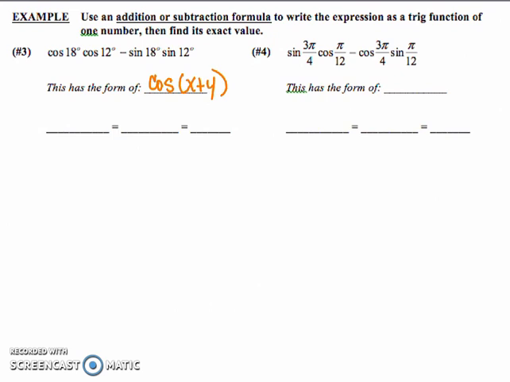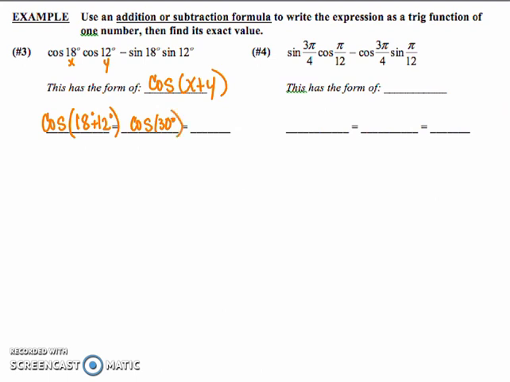If that's the case, then this example is somebody trying to figure out cosine of, this would be x, y, right? So cosine of 18 degrees plus 12 degrees, which is equal to cosine of 30 degrees.